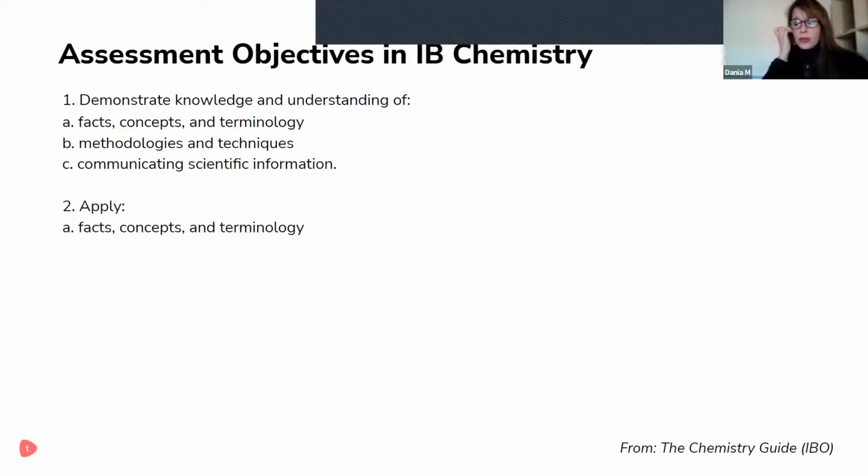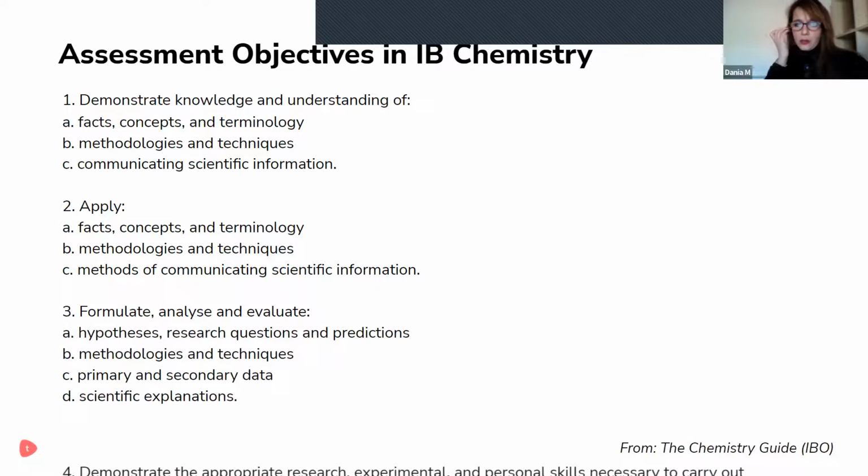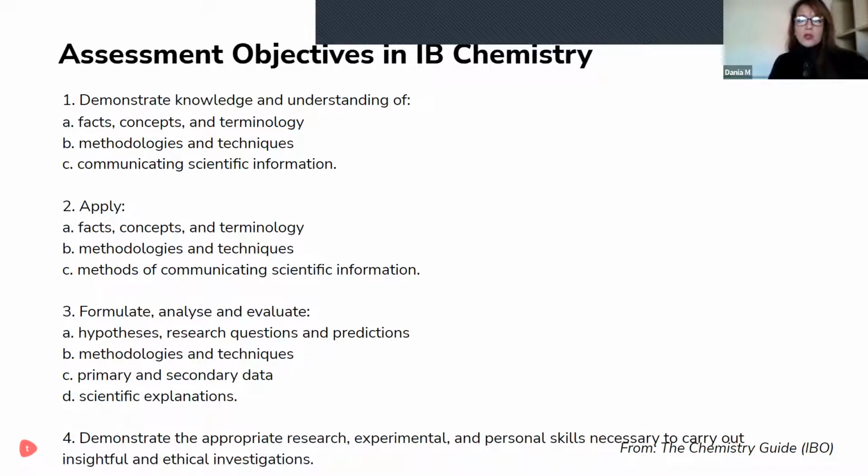The assessment objectives in IB chemistry are really typical of the chemistry course. Students should demonstrate knowledge of certain facts, methods, scientific information. They should be able to apply those. They should be able to formulate, analyze, and evaluate hypotheses, methodologies, data, explanations, and they should also be able to demonstrate certain skills related to practical activity.